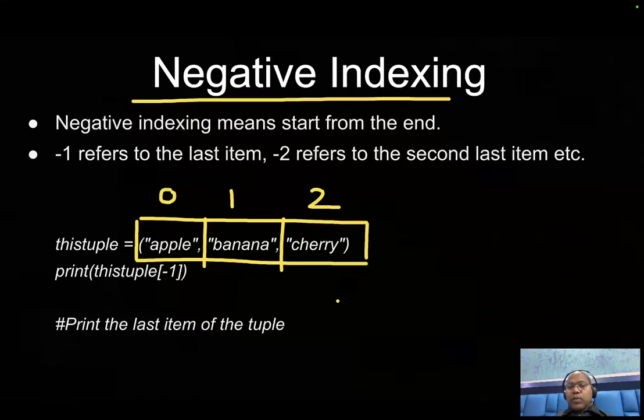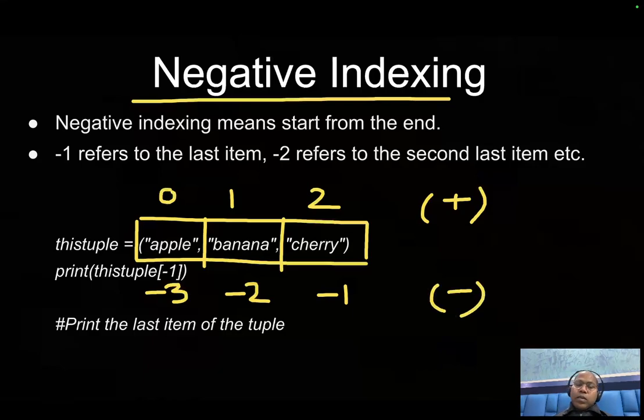The other is the negative index: -1, -2 and -3. This is known as a positive index, and this is known as a negative index. Python supports accessing the same element with either the positive indexes or the negative indexes.